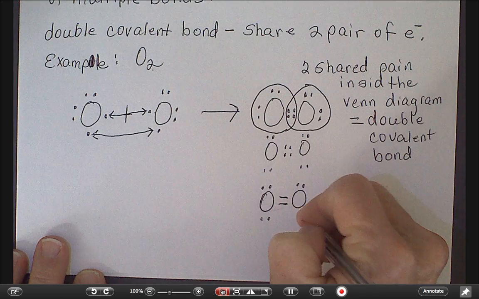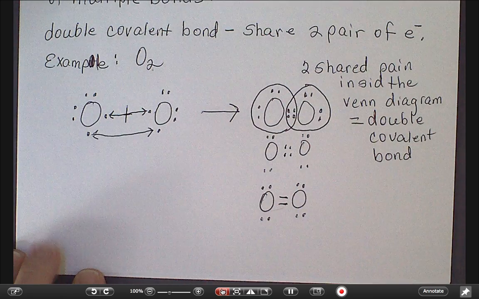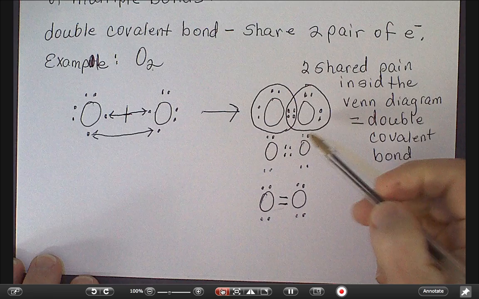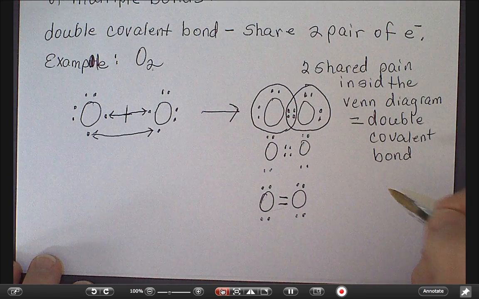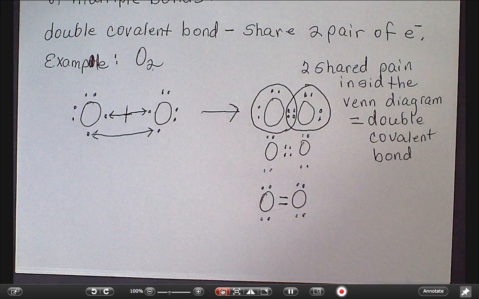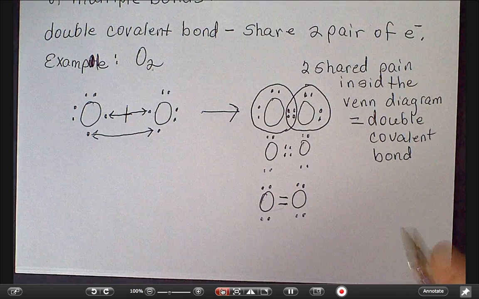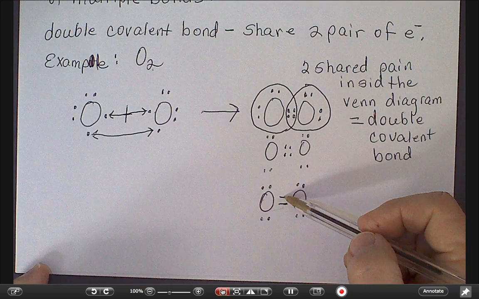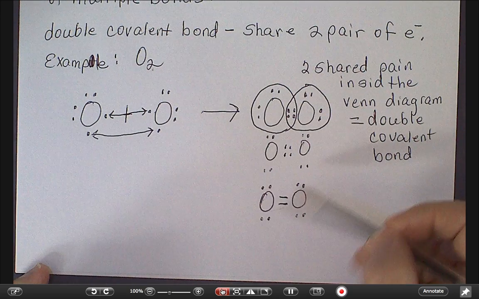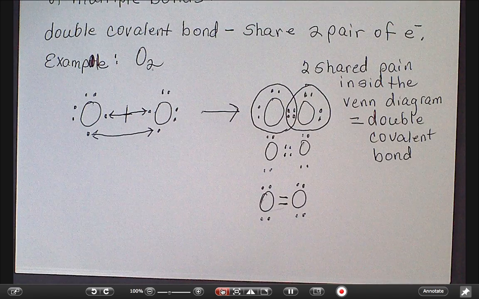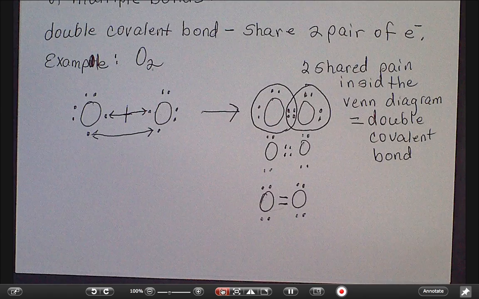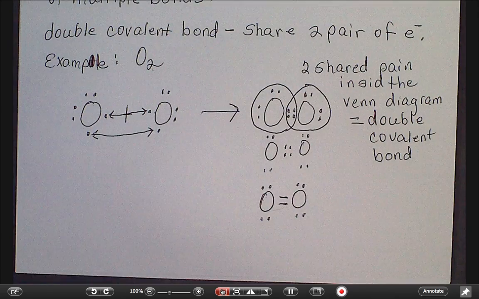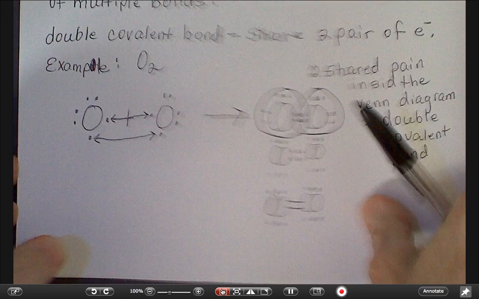Just recognize that you can see it different ways with these unshared pairs. Questions? Okay, here's your double bond. These are your unshared pair electrons. Now we're going to look at a triple bond.